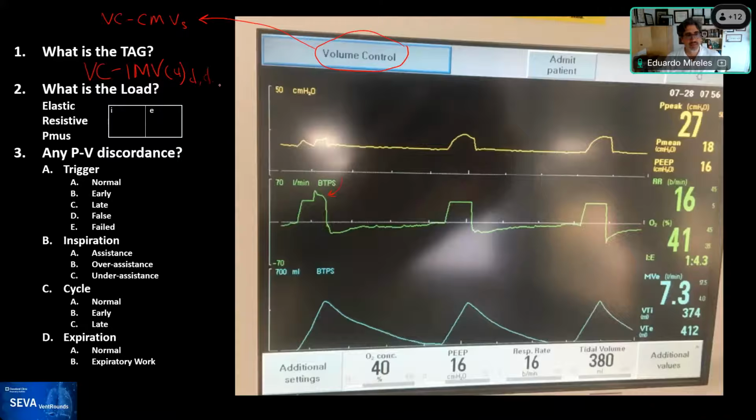And that means that if the machine recognizes the presence of Pmus, so effort by the patient, which you actually can see on the pressure, we're going to get there, it actually changes from volume control to pressure control, and it frees the flow so that the patient will not work as hard. And so that's what you see there.